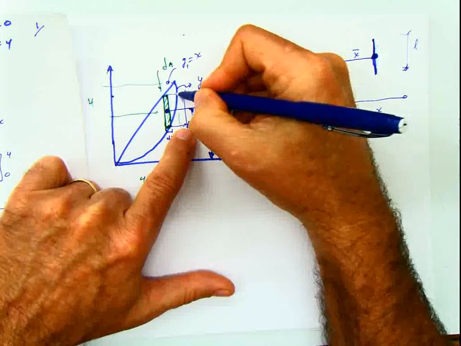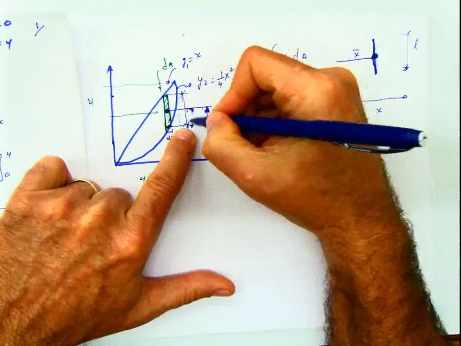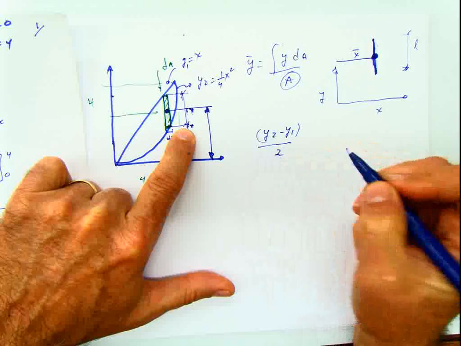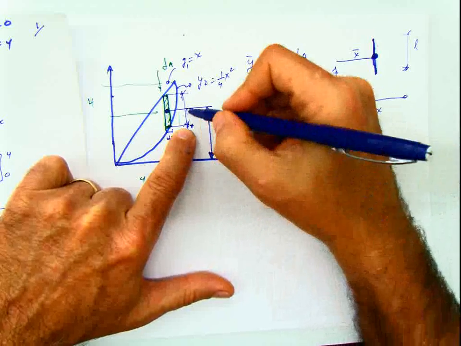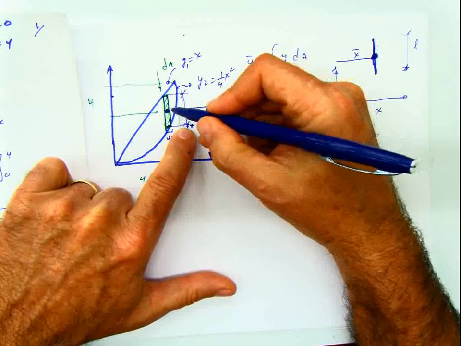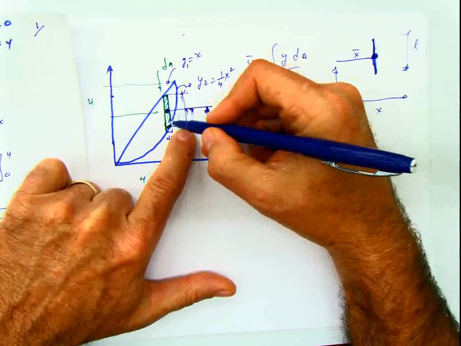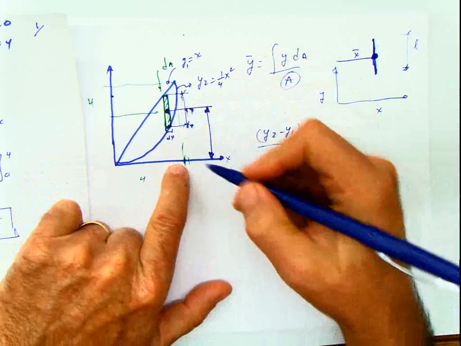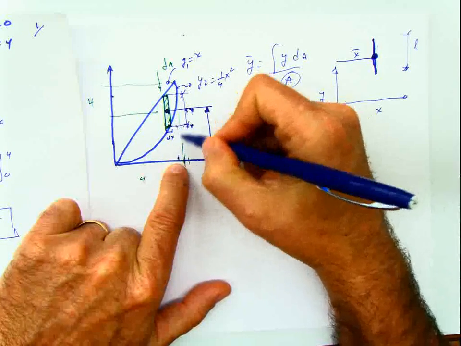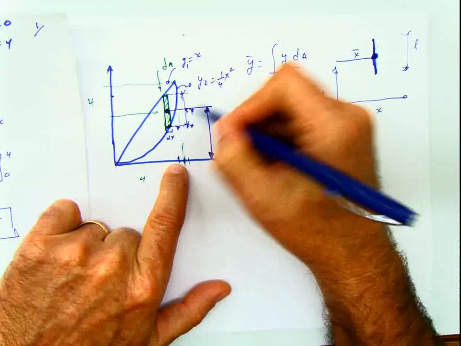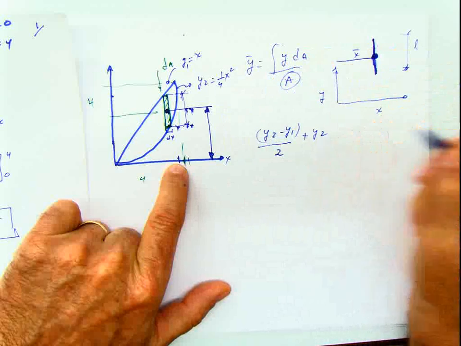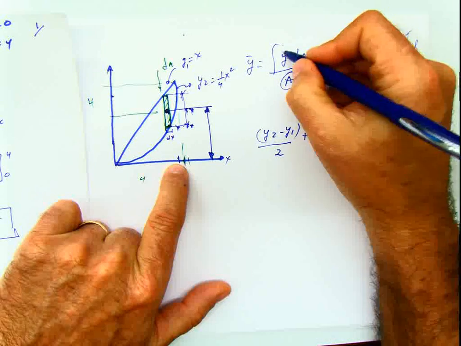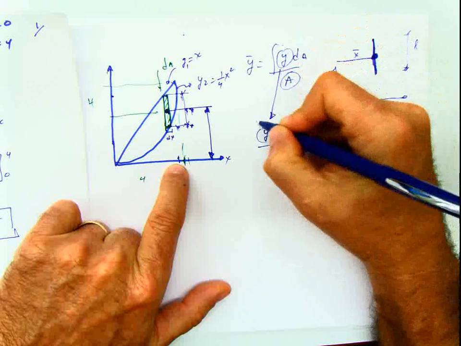That's the total distance, but I'm looking for half of it, so it's going to be divided by 2. That's true, this is the centroid of this wire, but that's referred to this point, and I have to refer it to my x-axis here. So I have to add this distance, and we call it y2. That's the value that I have to put here.